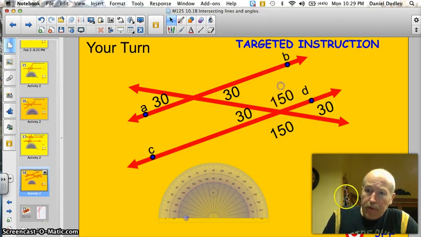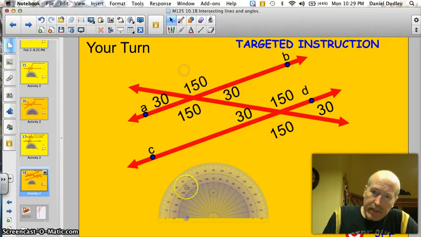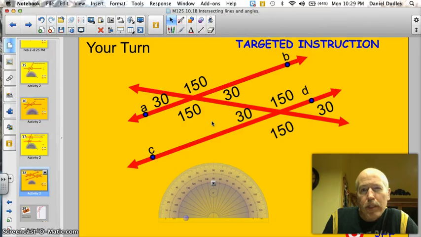This has got to be 150. This has got to be 150. And this has got to be 150. It makes sense. Remember, it's 180 degrees for a half circle or 360 for the full circle. So these 2 will equal 180 or these 2 will equal 180. It's kind of cool, isn't it?